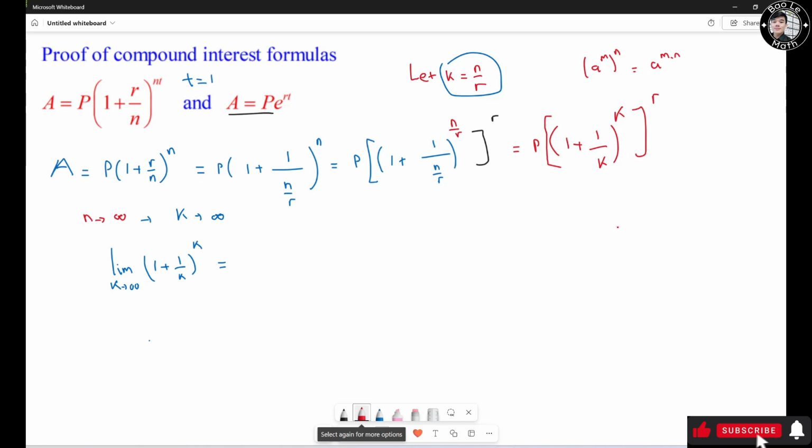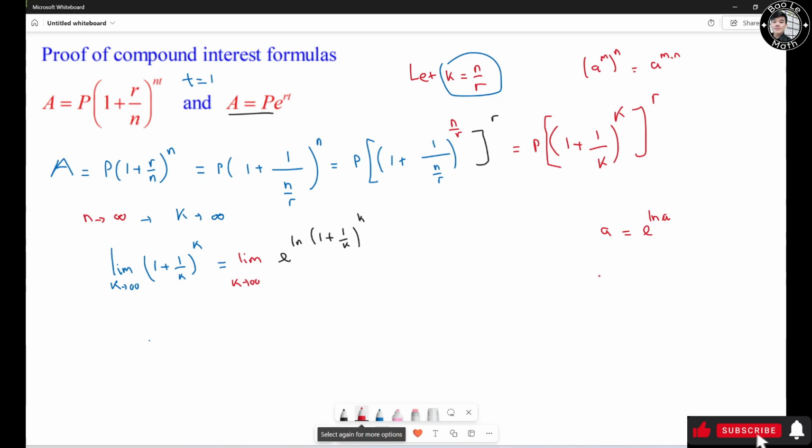Now we know that a number a can be written as e to the natural log of a. This one can be written as the limit when k approaches infinity, so it could be e to the natural log of 1 plus 1 over k, raised to the k, right?